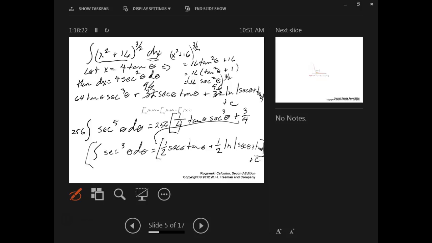But we want the answers in terms of x's. So here we go with the x's. I'm going to erase this at the bottom because I just don't have room for it anymore.